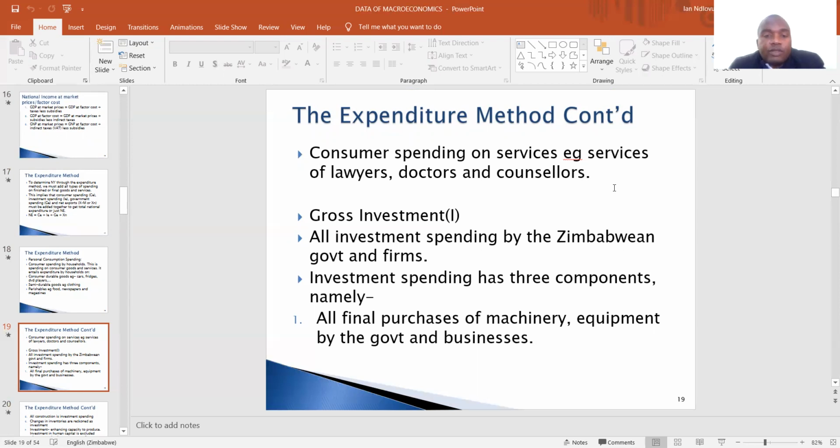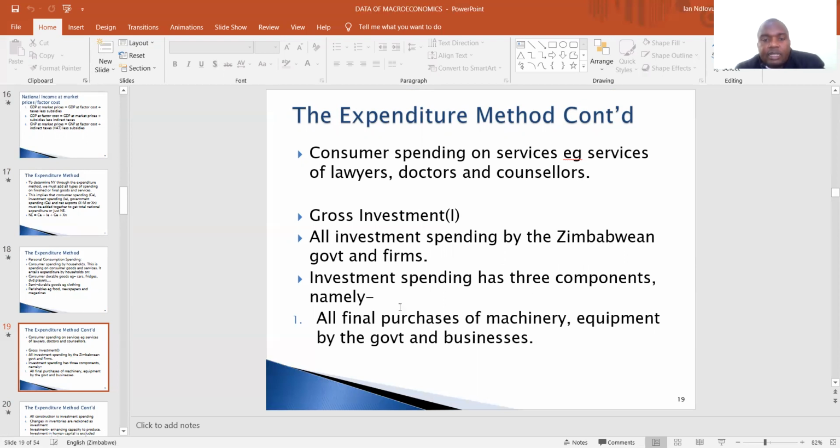And then we've got gross fixed capital formation, which is here truncated, or which is here styled gross investment. This is all investment spending by the Zimbabwean government and firms. For instance, it can be the Kenyan government and firms, or the British government and firms, or the US government and firms. I just contextualized it to Zimbabwe because that's where I live.